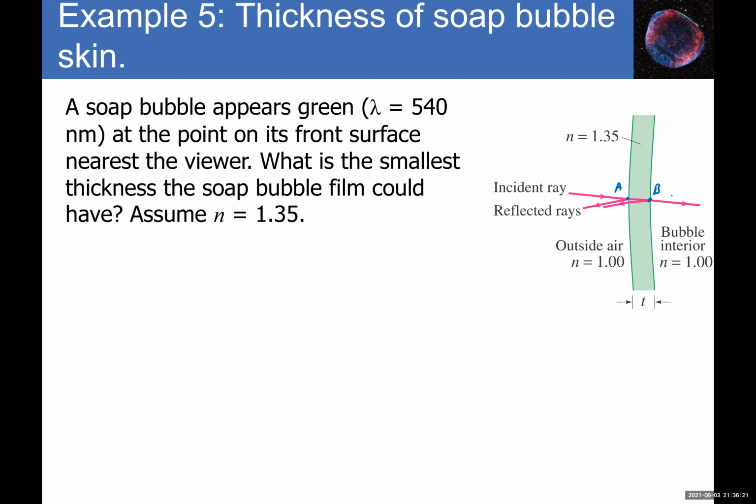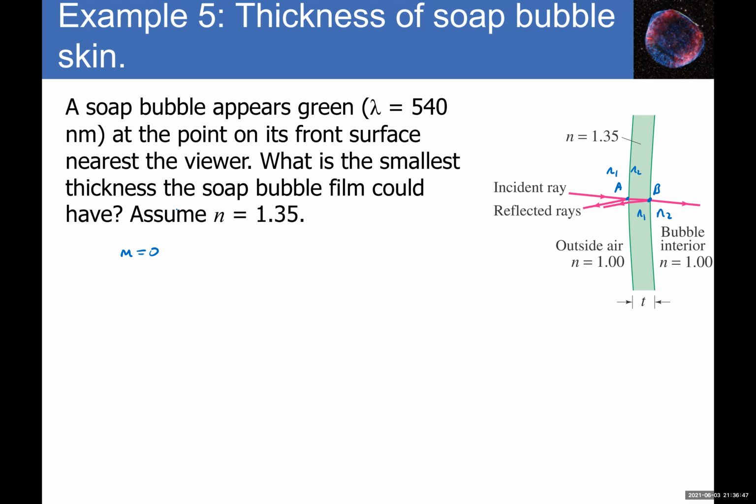For B, N1 is the bubble and N2 is air, whereas for A, N1 is air and N2 is the bubble. So the smallest thickness for the light will be when m equals 0.